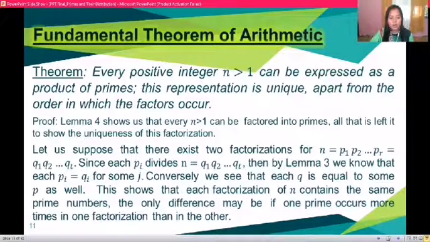Conversely, we see that each q is equal to some p as well. This shows that each factorization of n contains the same prime numbers. The only difference may be if one prime occurs more times in one factorization than in the other.